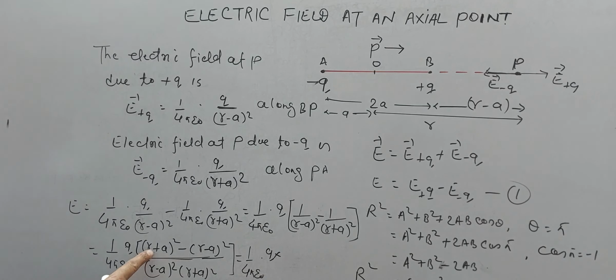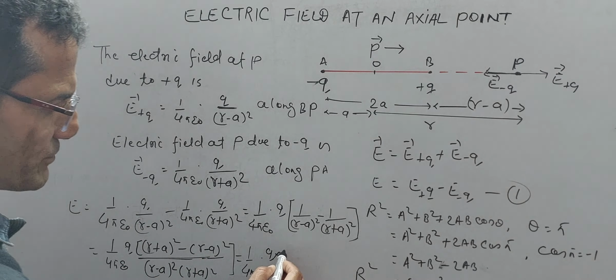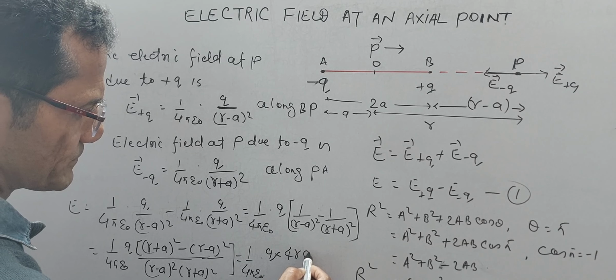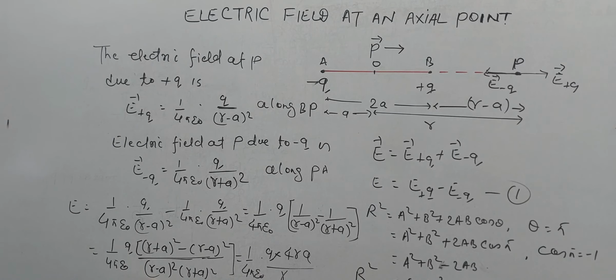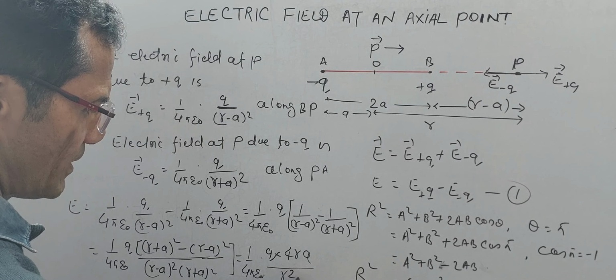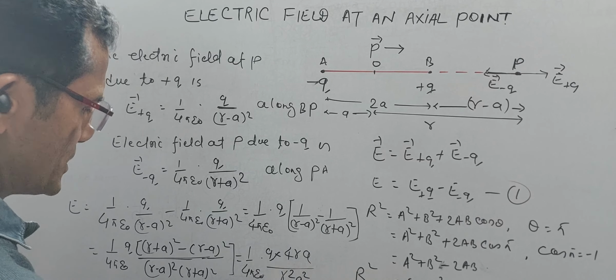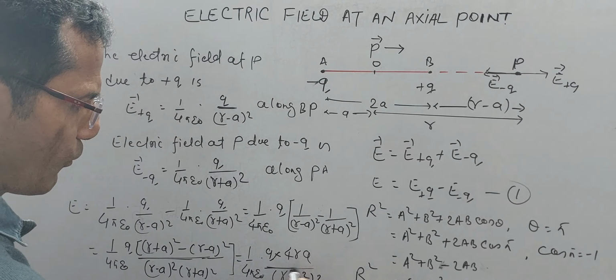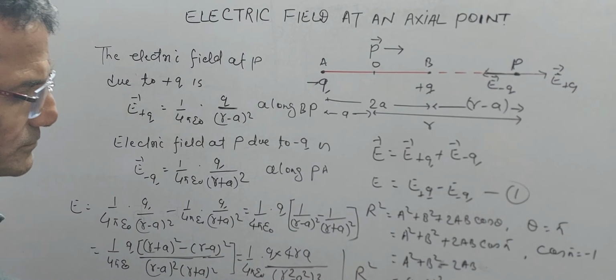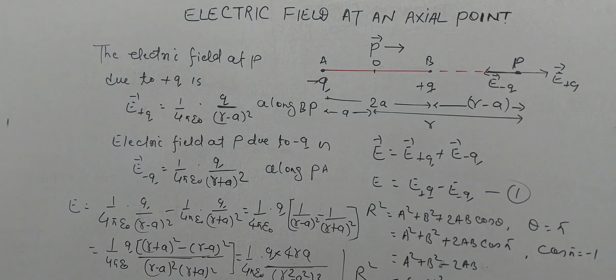So 2ra from here and 2ra from here will be 4ra, divided by, we know that a minus b and a plus b make a square minus b square, r square minus a square, and the whole square. So this is our result.